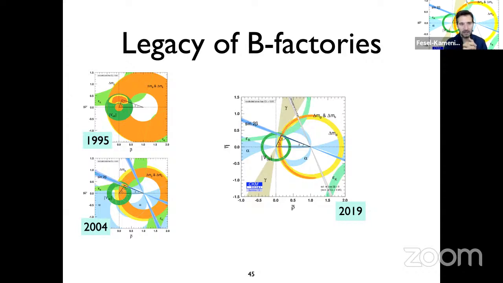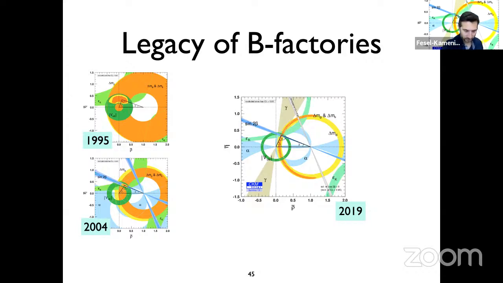And even though the consistency of the measurements which were available at that time seemed to be established, there was a fairly large uncertainty in this determination of the rho bar and eta bar.